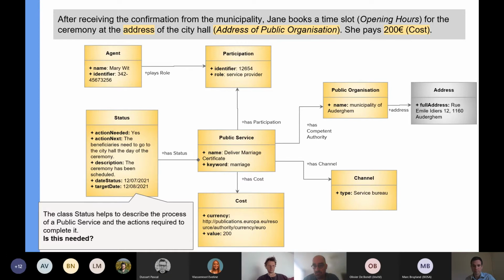I think you need more than just a status field on the public service level. Like we said before, there are services that are long running, and you want more detail, so you might have more status fields for different steps in your service execution.